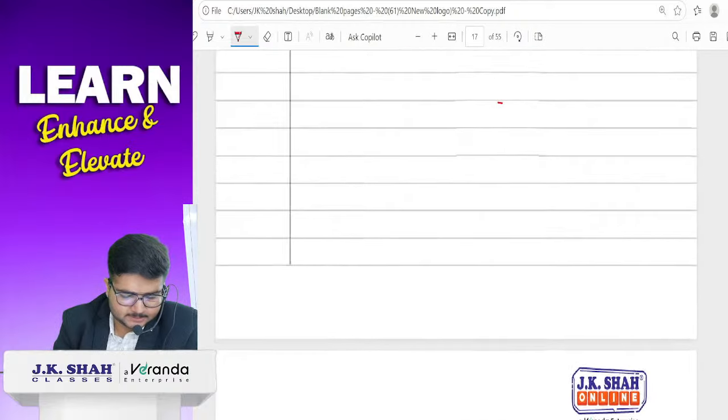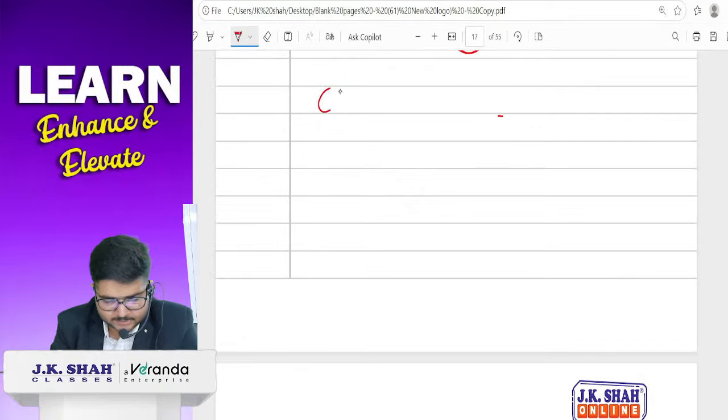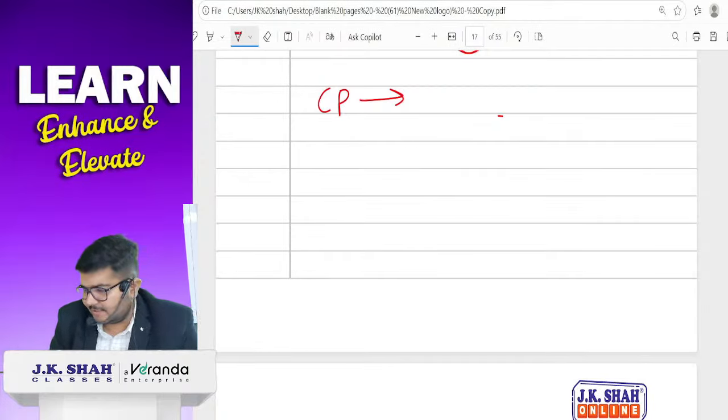Basic concepts like what is cost price. Obviously you all know what cost price is. Basically when you are manufacturing a product, all the costs including material, labor, factory rent, electricity, all the expenses that you make while manufacturing a product is called the cost price of the product, right?